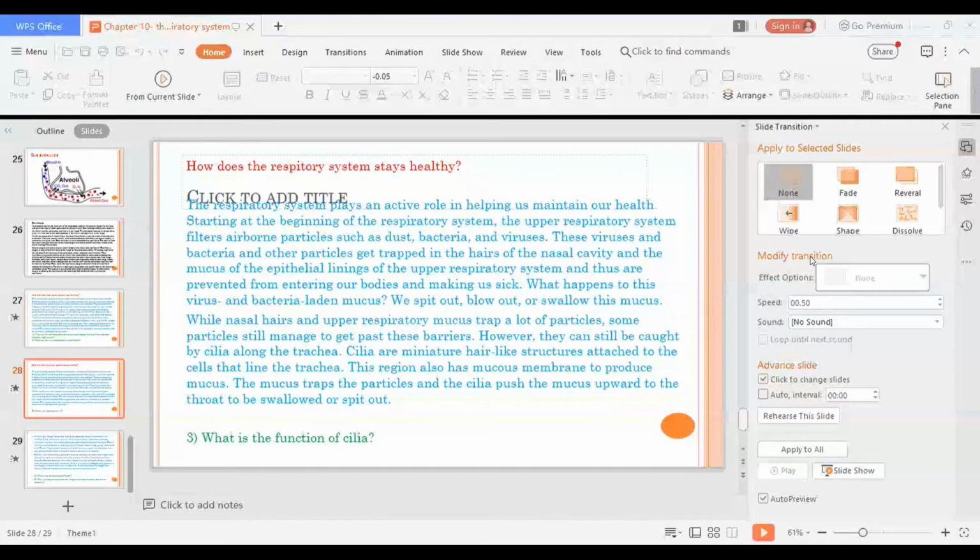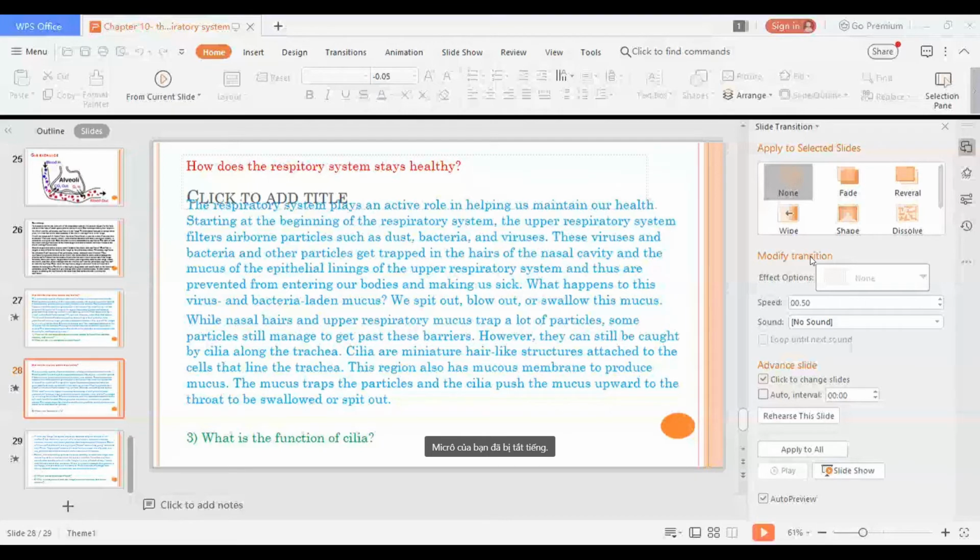Why are nasal hairs and upper respiratory mucus have a lot of particles. Some particles still manage to get past the hairs. However, they can still be caught by cilia along the trachea.